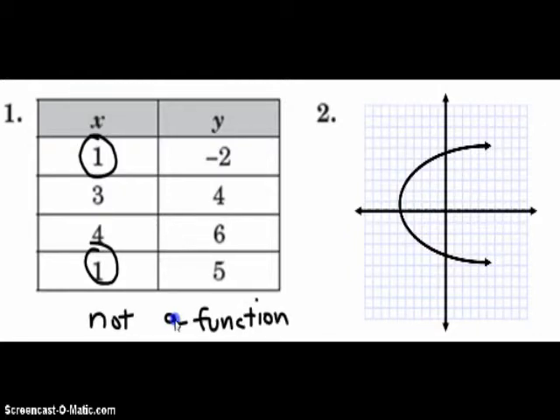In number 2, we have a graph. This one's just a little bit different from the one in the notes, just to give you a different example. When we have a graph, what we can do is use what's called the vertical line test to determine whether or not we have a function. And all that entails is drawing a vertical line.